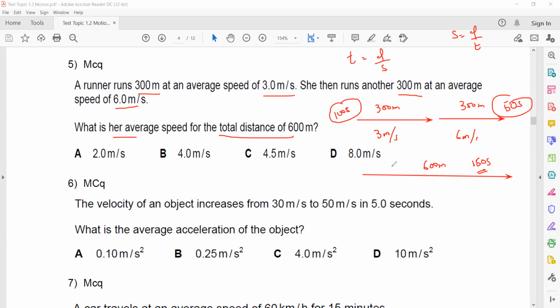And we need the average speed. Average speed is the total distance of the journey divided by total time. So total distance is 600 divided by total time 150. So 600 divided by 150. So B will be the right answer. Is it clear?